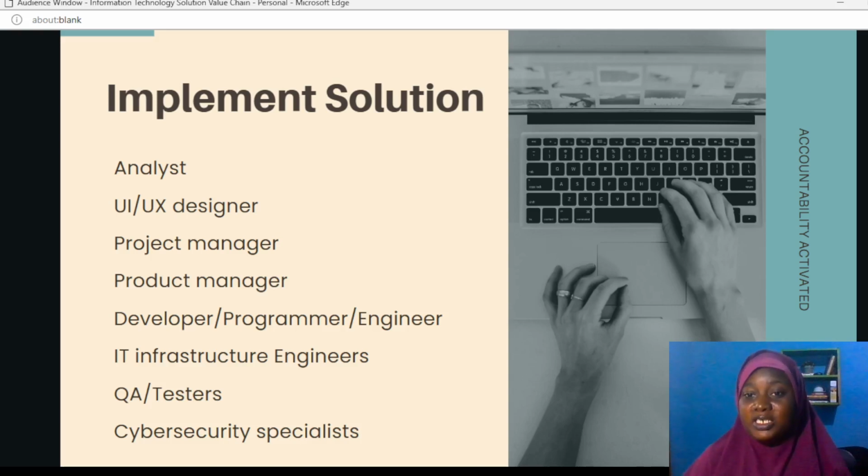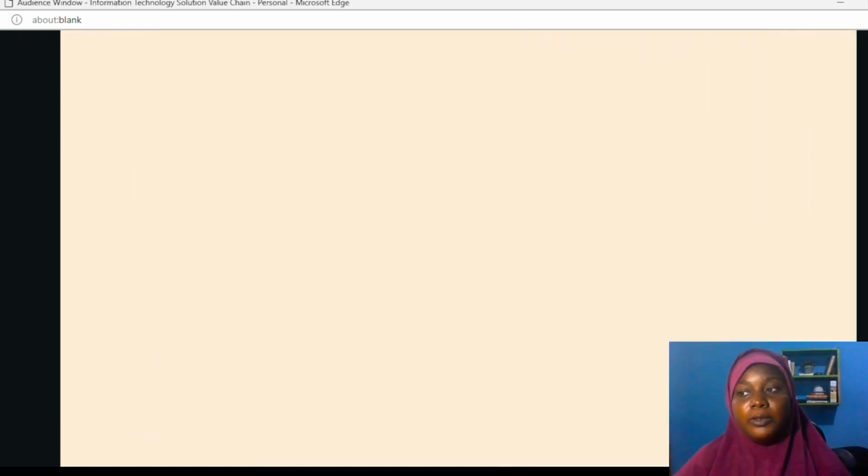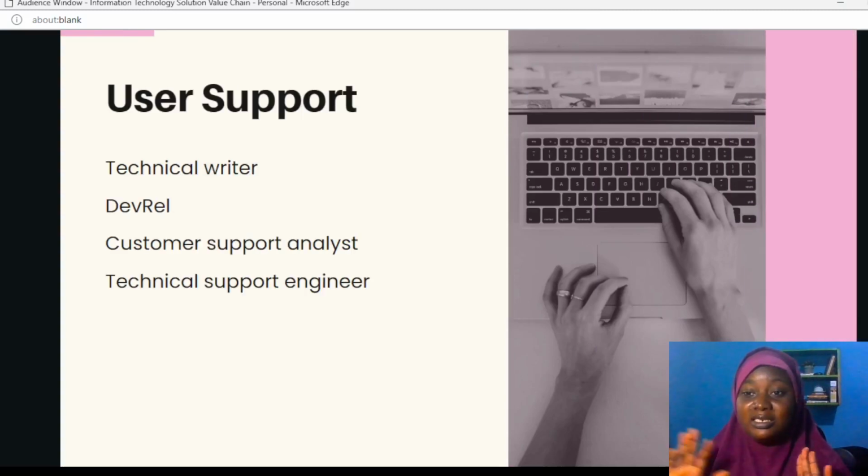So cybersecurity specialists are also involved during the implementation and the use of the solutions. And they safeguard the company from cyber attacks and prevent vulnerabilities from being exploited.